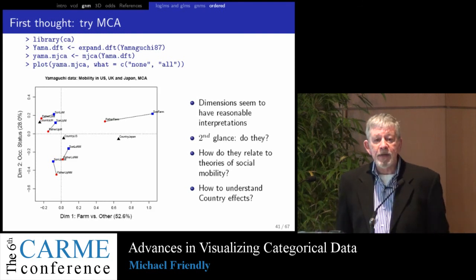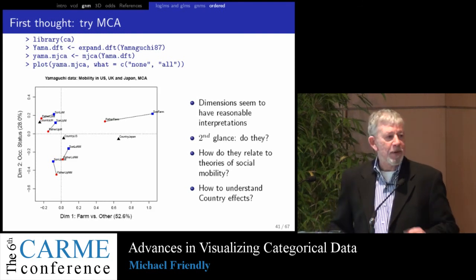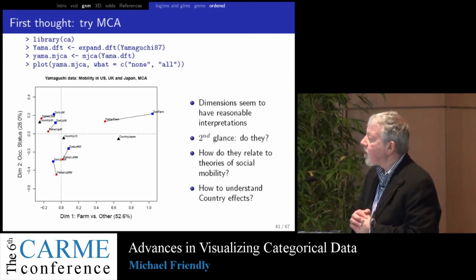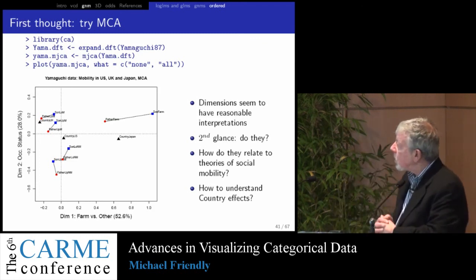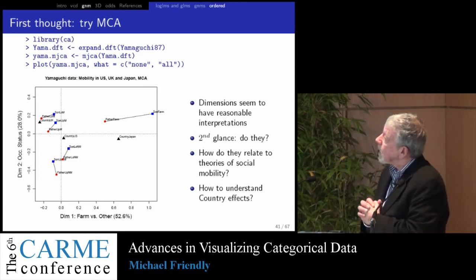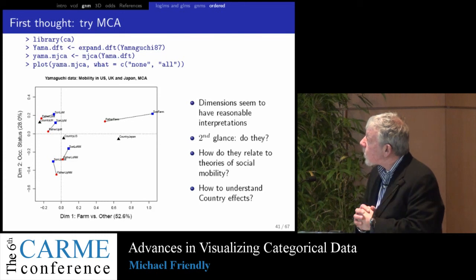So, of course, I'm coming to Carme. I can't come to Carme without a multiple correspondence analysis. So here it is. At first glance, I was quite happy with this.